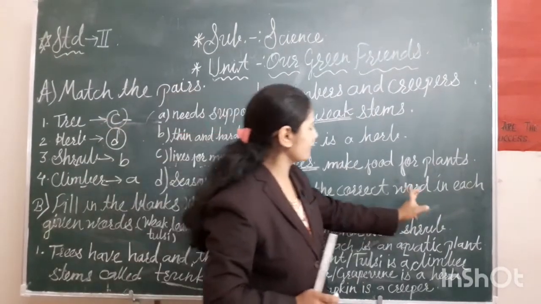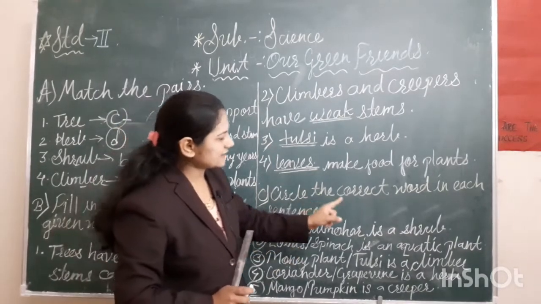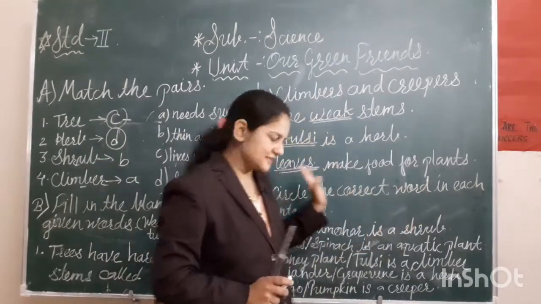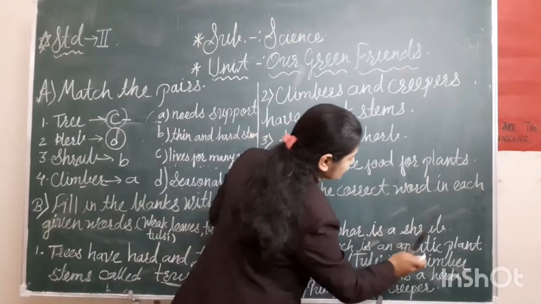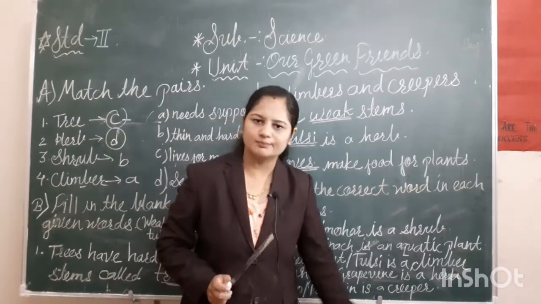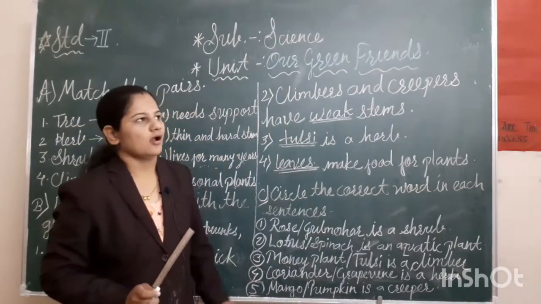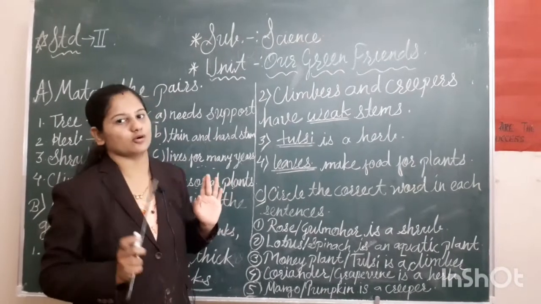Circle the correct word in each sentence. Rose or gulmohar is a shrub. Between these two plants, which plant is a shrub? Students, think about the images of the rose plant and the gulmohar plant.